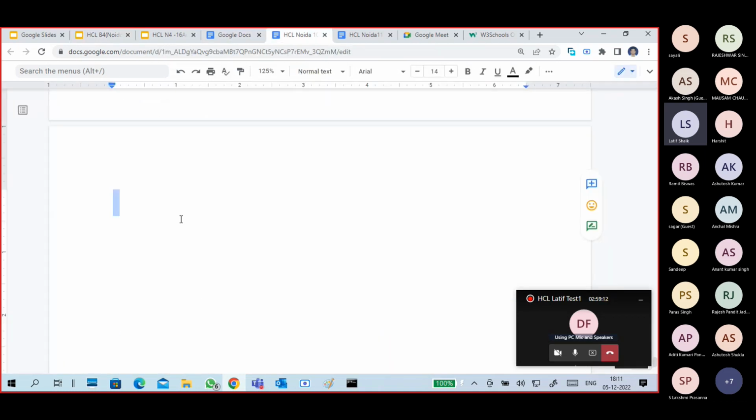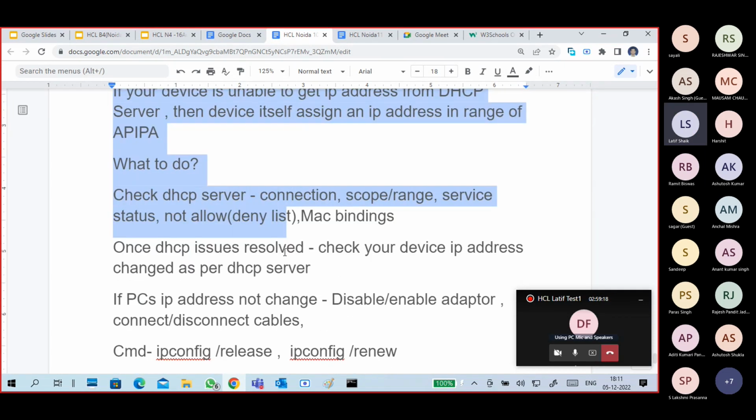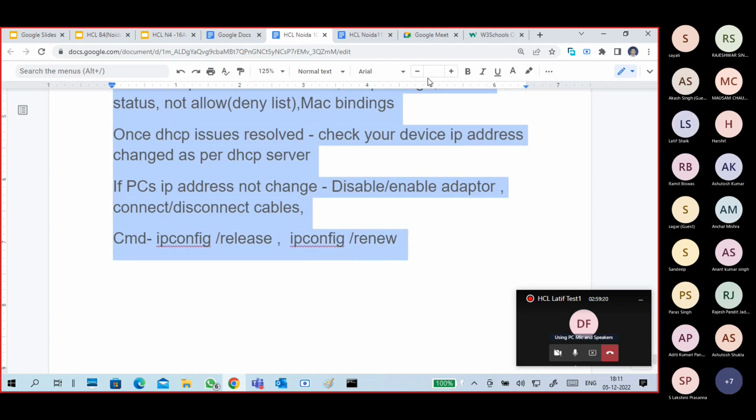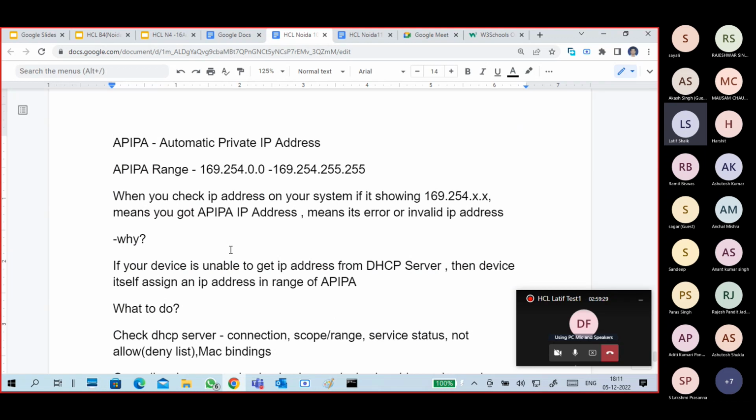You are trying to get an IP address from the DHCP server. Sometimes your PC is unable to get an IP address from the DHCP server.